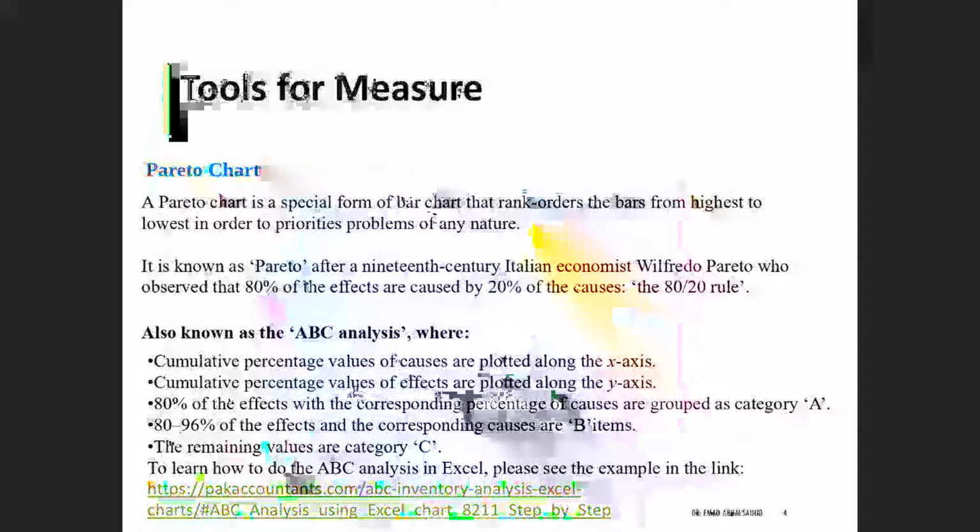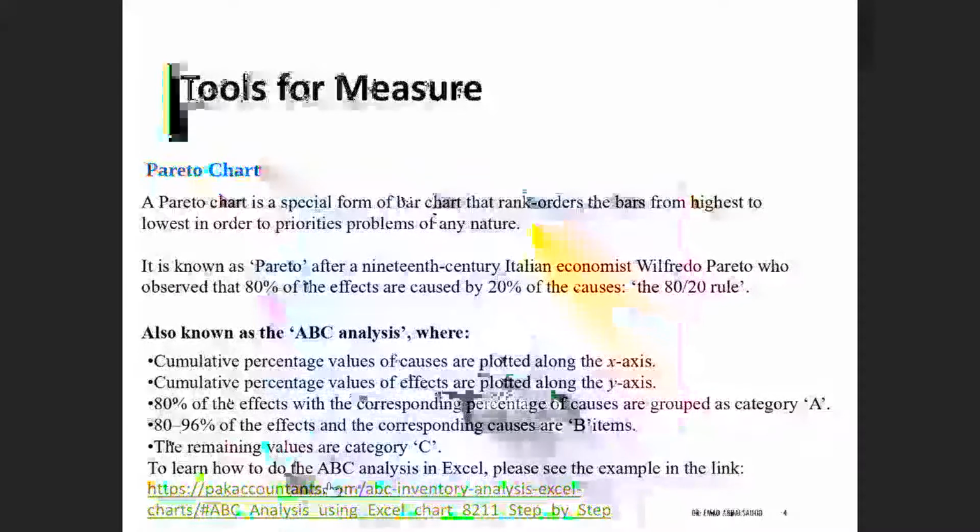The ABC only adds this clustering to demonstrate the 80% of the effects, in addition to the 80 to 96, and the remaining in different clusters.